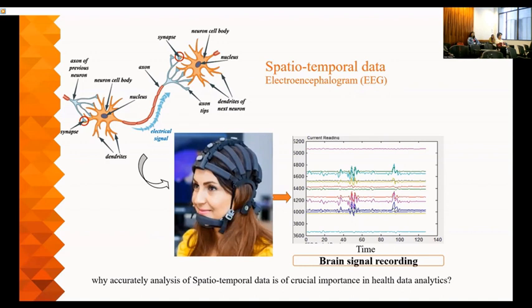So we need a technique to be able to create models by processing the spatial and temporal information in one unifying model, also to be biologically plausible as well as have model interpretability.